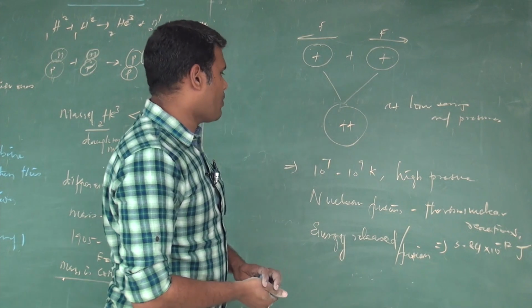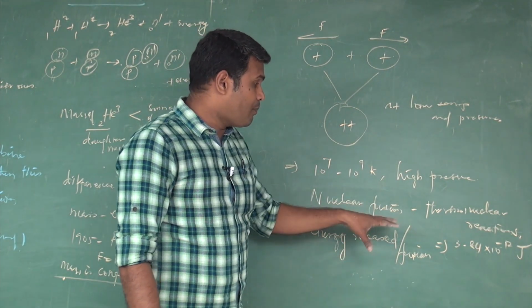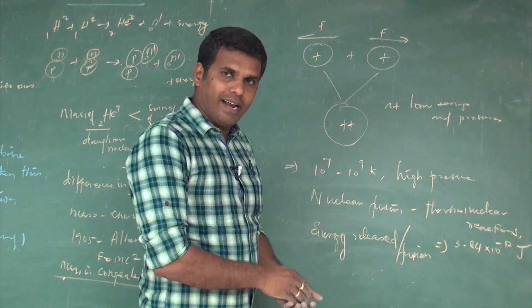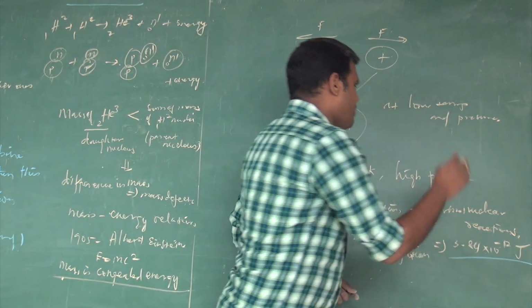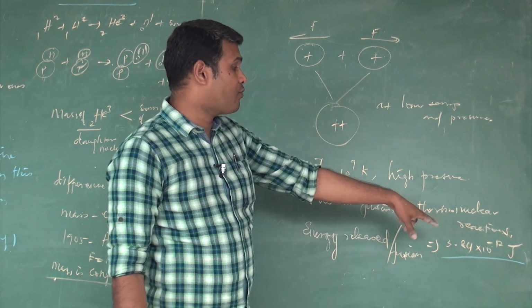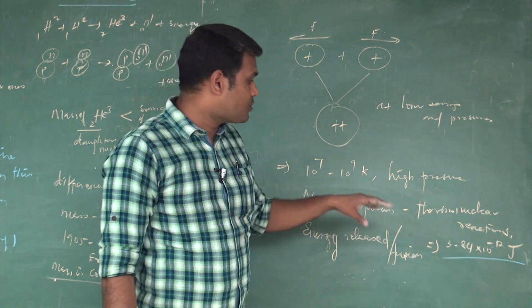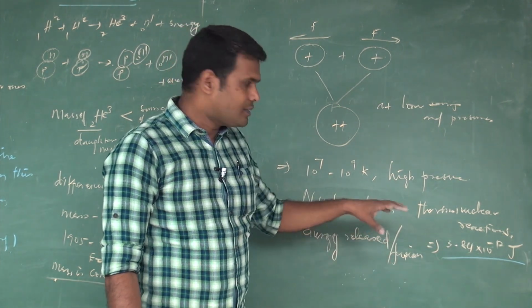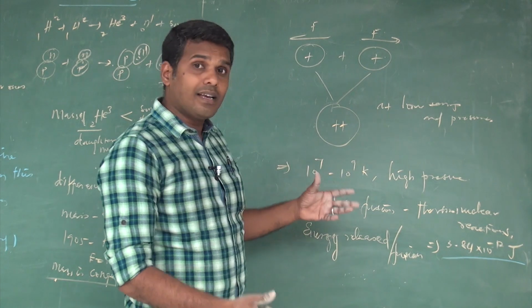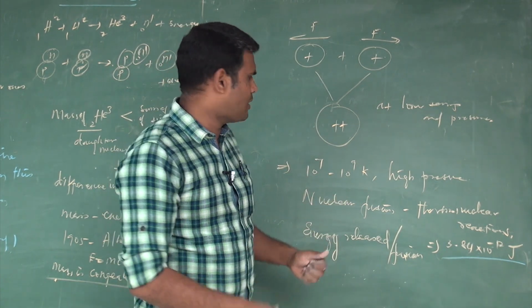This is an important one-mark question which you can answer. We are expressing the amount of energy released in terms of joules. We can convert this into electron volts also. We shall speak about that.